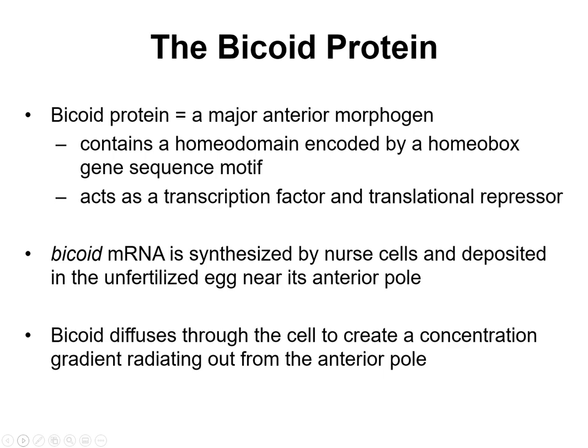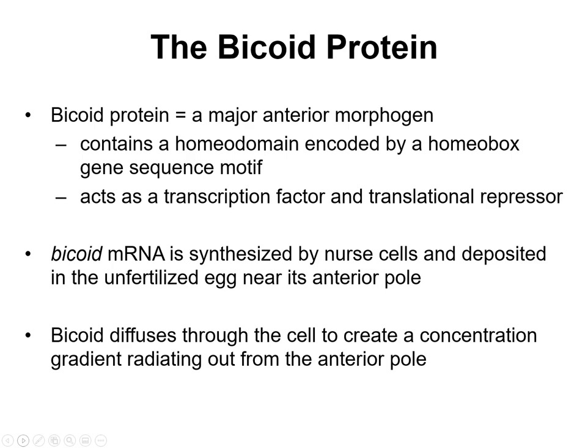So this just goes over what we were talking about, that this protein is a major anterior morphogen. So if you don't have it, you're not going to develop the anterior portion properly if you're a fruit fly. It acts as a transcription factor and a translational repressor. The mRNA is synthesized by the nurse cells, which help to mature the oocyte, and it's deposited near the anterior pole in the egg.